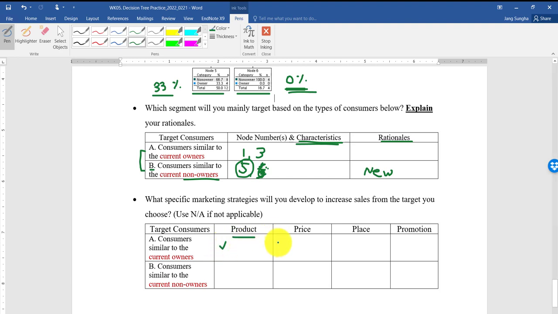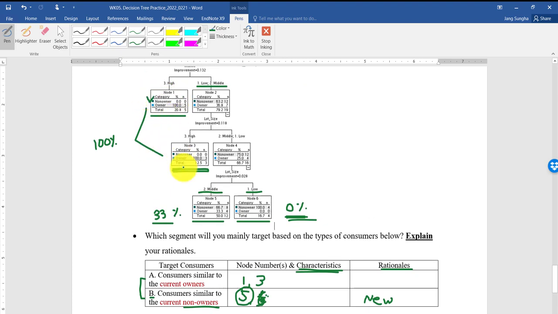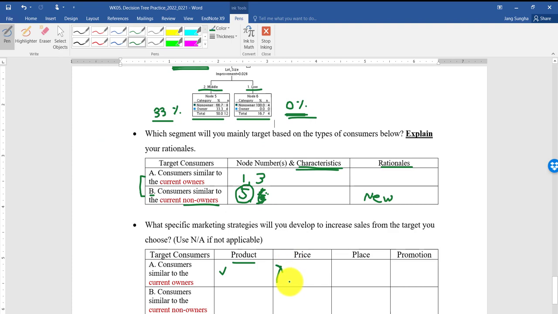Price-wise, maybe I can increase my price because they are my main target, and because they are rich or their lot size is big, they have to purchase my product, so I might increase my price.